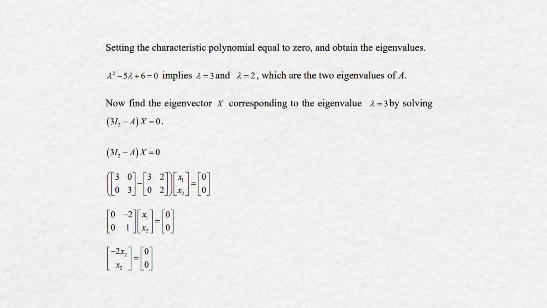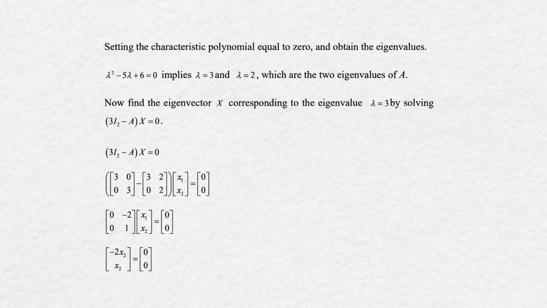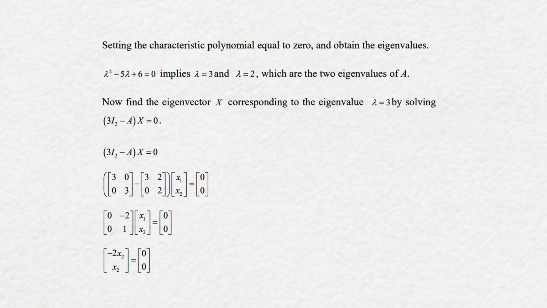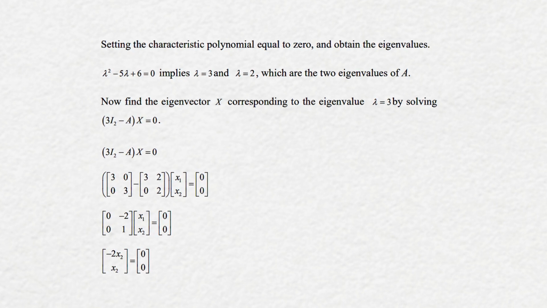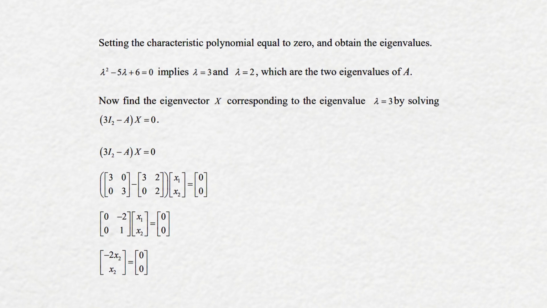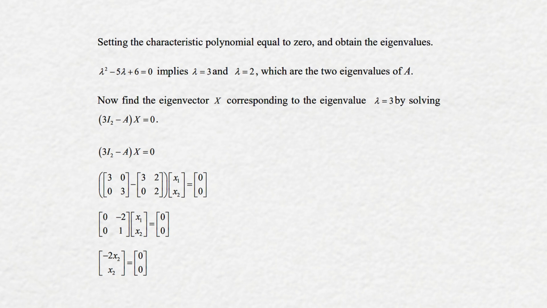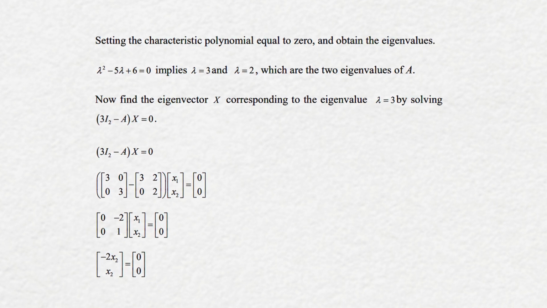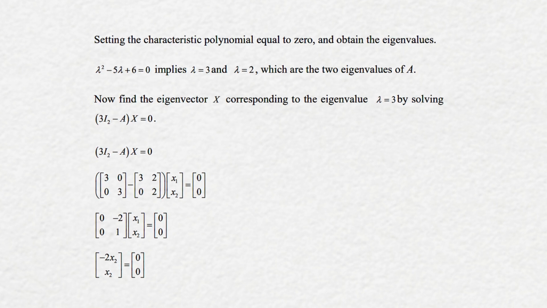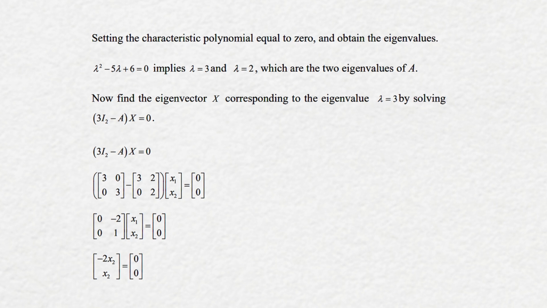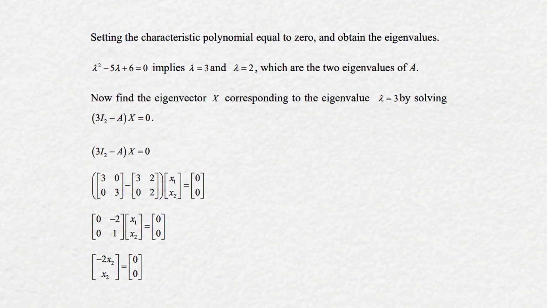Now, we find the eigenvector x corresponding to the eigenvalue lambda equal to 3 by solving 3I2 minus A into x equal to 0. Substituting lambda equal to 3, 3I2 minus A into x equal to 0. Here x is a 2 cross 1 vector, therefore we write 3, 0, 0, 3 minus 3, 2, 0, 2 into x1, x2 equal to 0, 0.